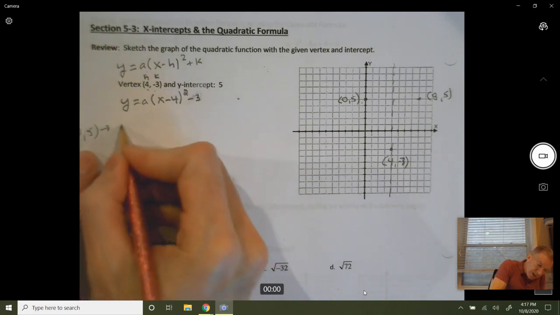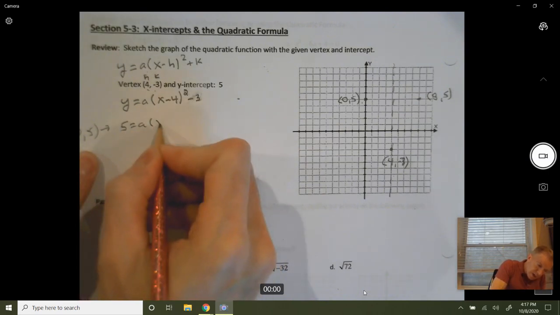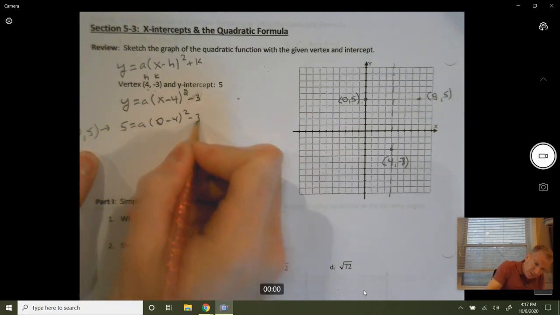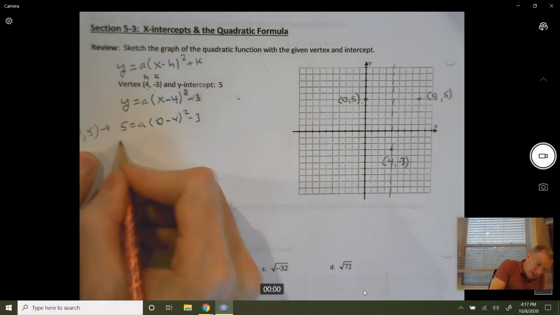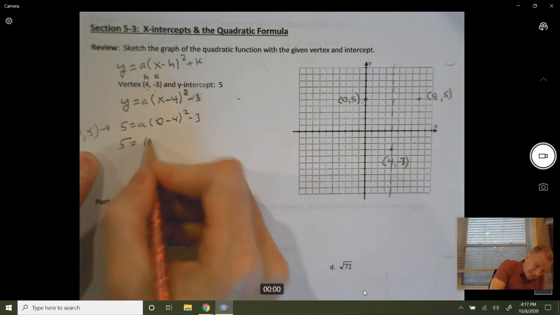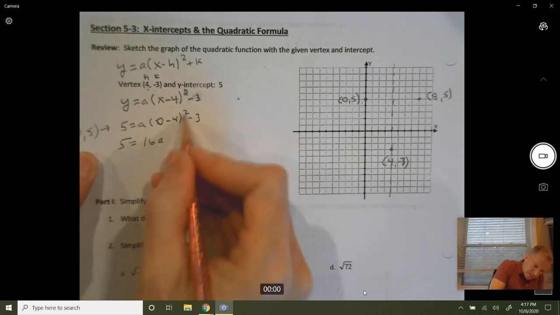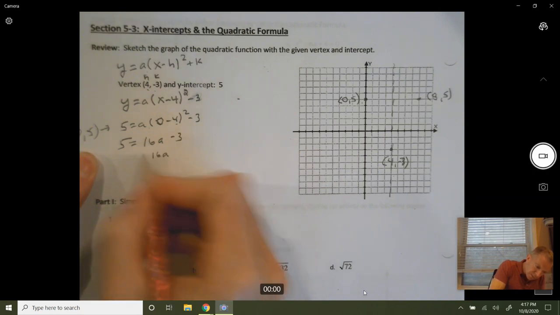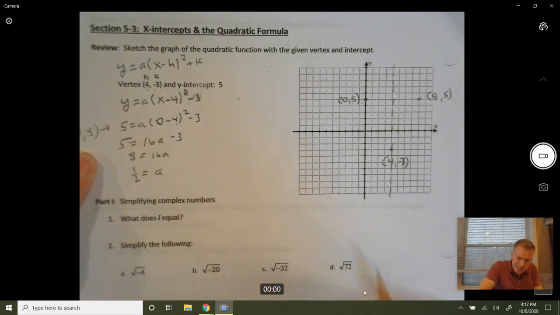So I've got 5 equals a times (0 minus 4) squared minus 3. Okay, so I've got 5 equals 16a minus 3, since -4 squared is 16. So 16a equals 8, so a equals 1/2. And that seems to make sense.